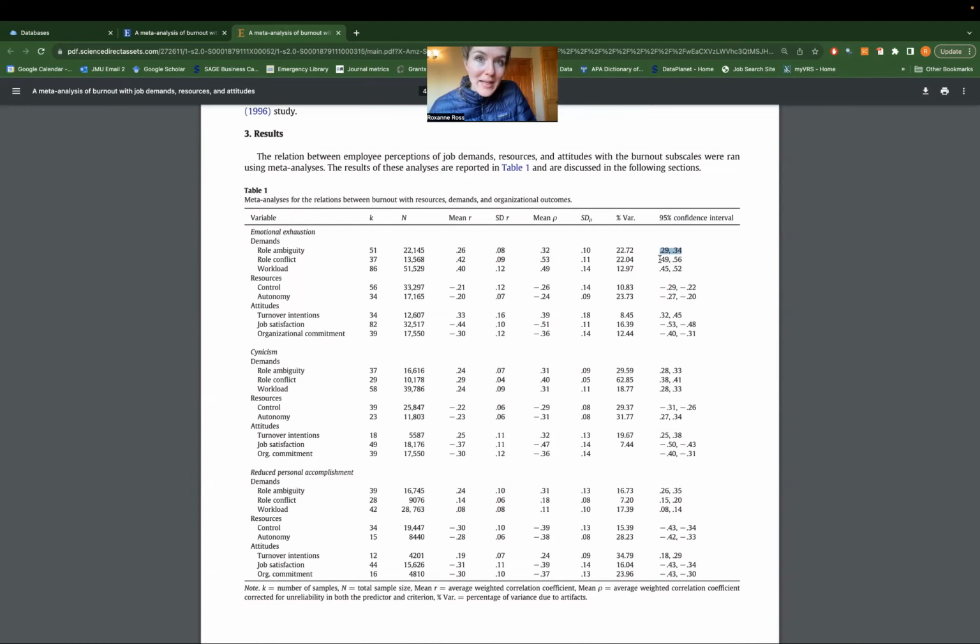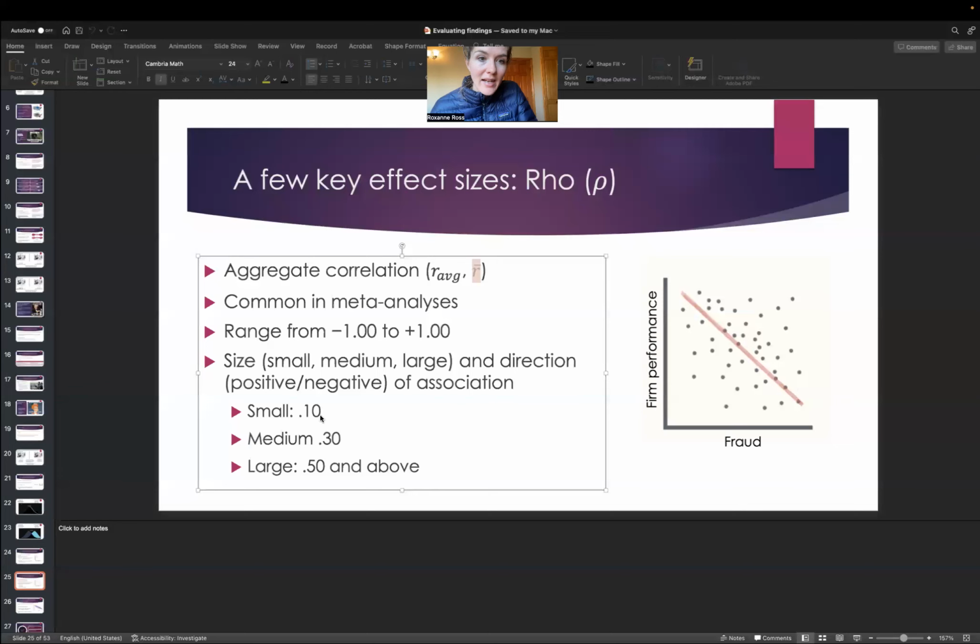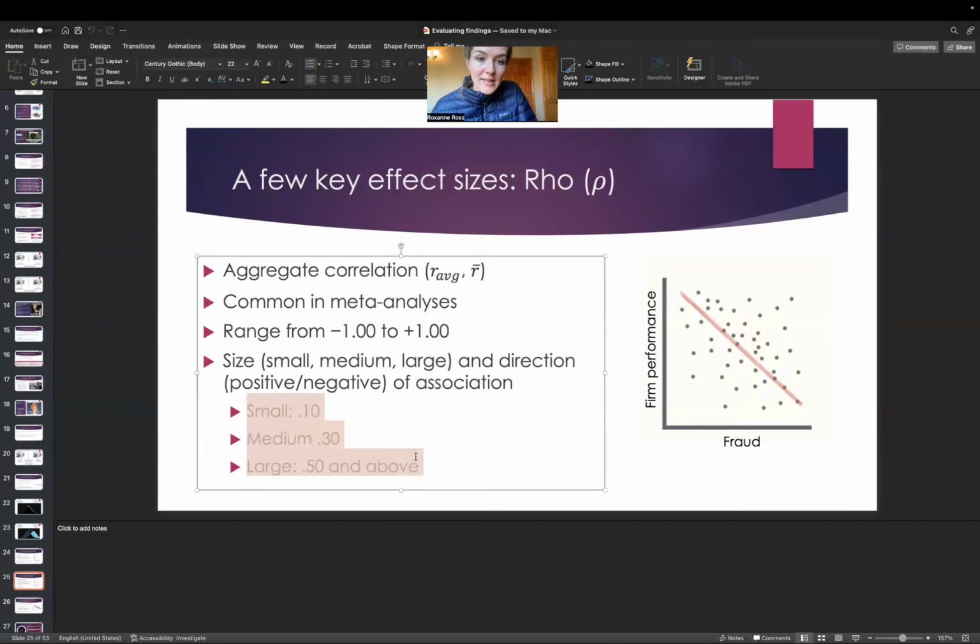In order to make sense of that, we can then look to these slides that I gave you, but you have this same information in your book. And in fact, I would use your book instead, because the book is more comprehensive. So in the pages that I gave you to read for this module, they have a table that explains the different types of effect sizes, and then how to interpret them.